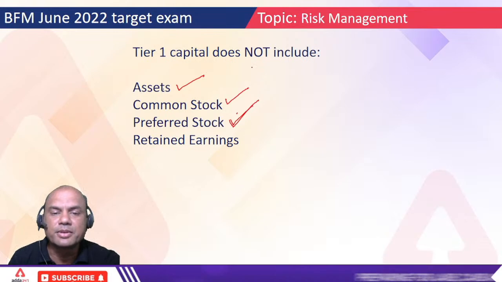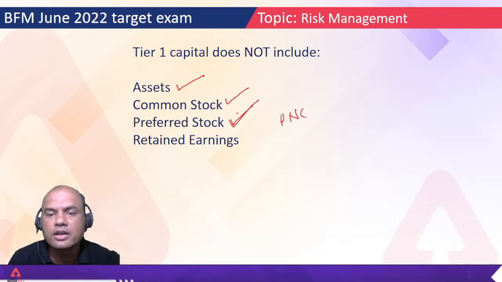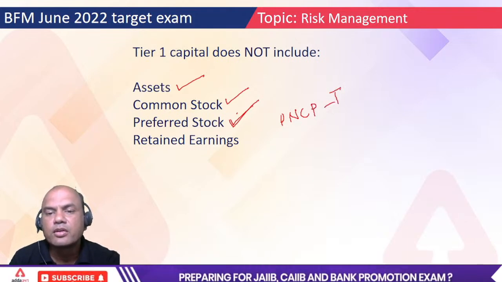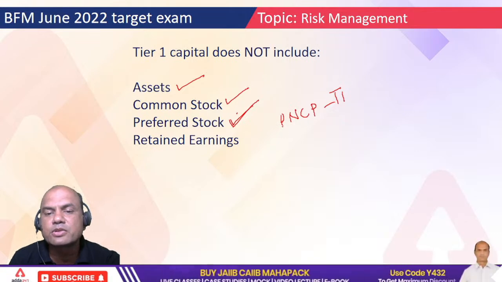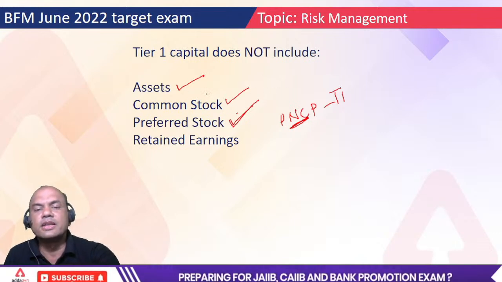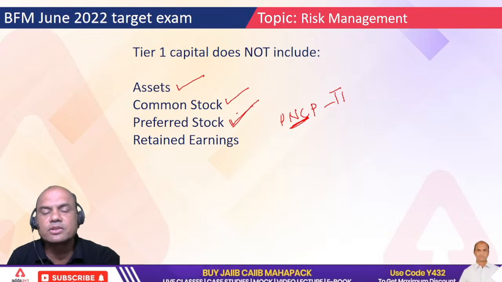Except PNCP, perpetual, non-cumulative, preference shares, this is a part of tier 1. Non-cumulative means dividends are not compulsorily to be paid. So in that case only it becomes a part of T1, but general preferred stock is not a part of T1.